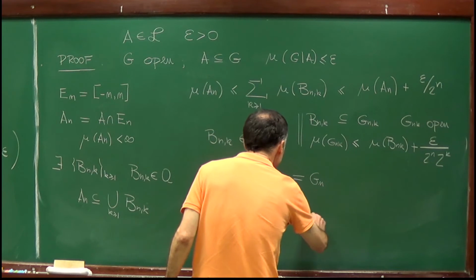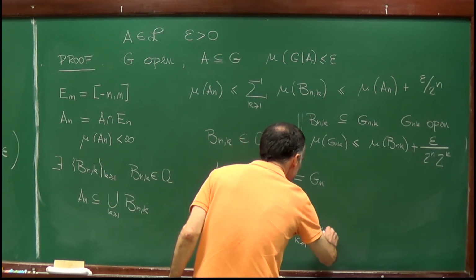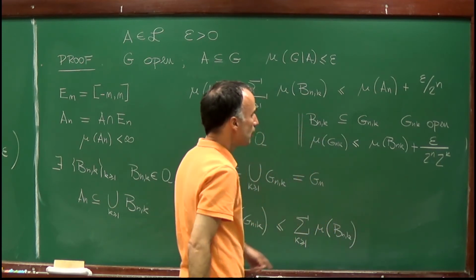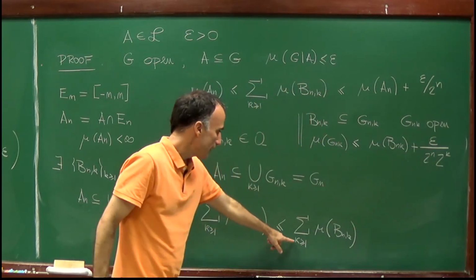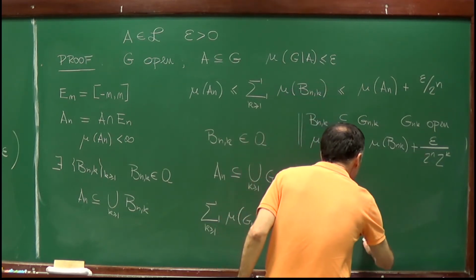So let me write this inequality. If I take the sum over k of the measure of the set G_n,k, since it is bounded by the measure of B_n,k plus that term, this is bounded by the sum of the measure of B_n,k plus the sum of this expression in k. But the sum in k is exactly epsilon to the power 2n.